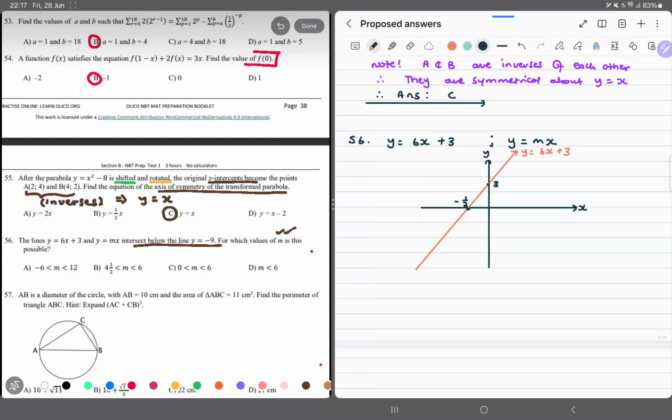Now, we've got a line y equals, I forgot to write. We've got a line y equals minus 9. Now, let's say this graph is this one right here. Remember, the graph doesn't need to be to scale per se. So this is the line y equals minus 9. Okay, great.